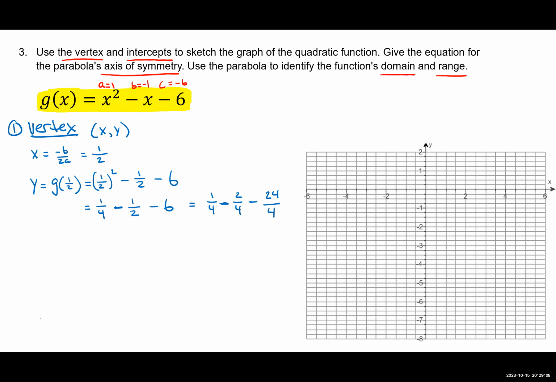I'm not going to spend a lot of time here talking about common denominators, but I multiplied the second fraction by 2 over 2. I multiplied the 6 by 4 over 4. Treated that whole number 6 like it was 6 over 1. And now we have a common denominator.